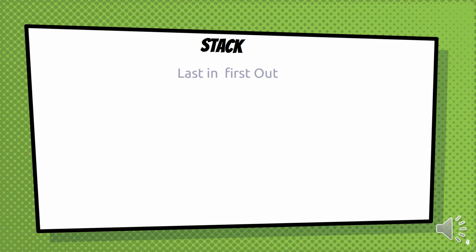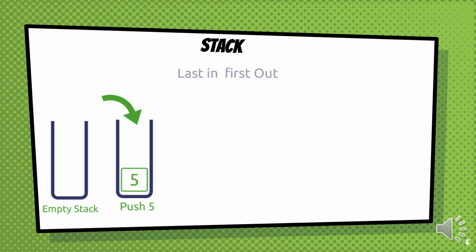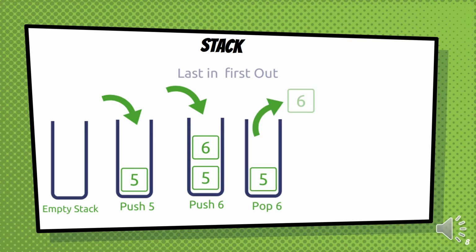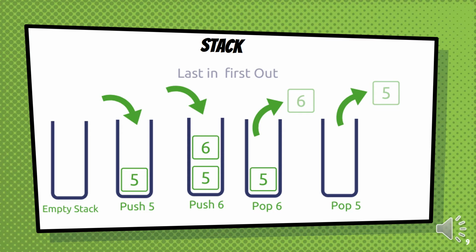The stack is an abstract data type which is bounded, meaning it has a predefined capacity. It is a simple data structure that allows adding and removing of elements in a particular order. Here we can create an empty stack and then push the number 5, and after that push number 6, then we can pop number 6, after this pop 5, so our stack is empty.